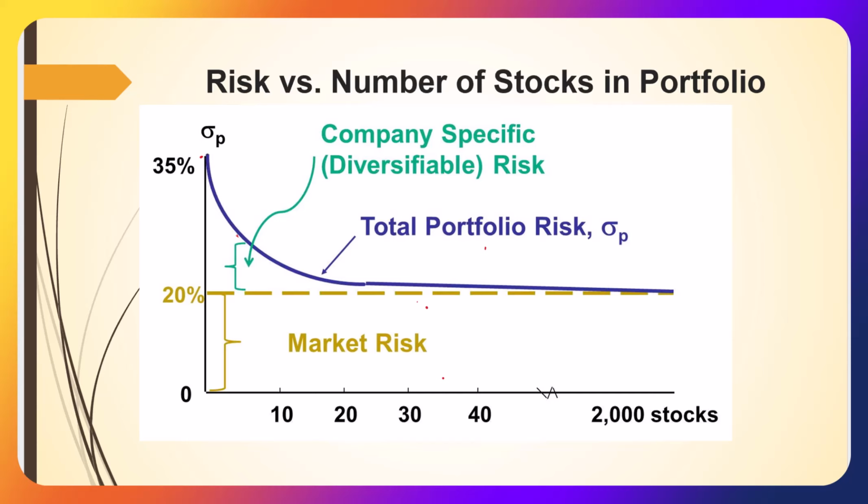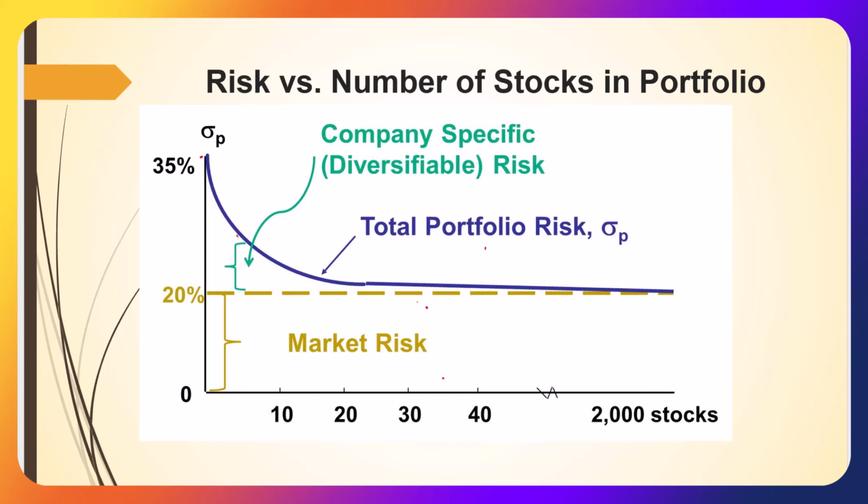However, if you put together 20 or more stocks from different sectors, you've reduced the impact of any single company on your overall risk. However, the total risk will not go below what we refer to here as 20%, which is what is called the market risk. So even a well-diversified portfolio is exposed to market risk: the risk associated with macroeconomic factors like interest rates, recessions, or geopolitical events.